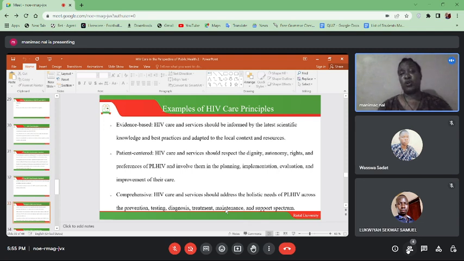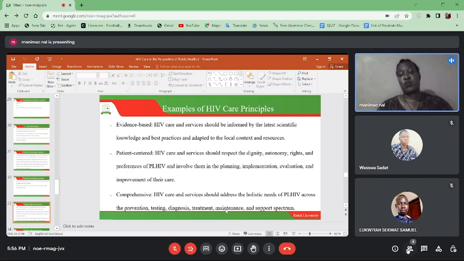So we need also to respect the rights of our clients, and we need to honor their preferences when we are planning, implementing, evaluating, and improving their care. More to that is the comprehensive principle.